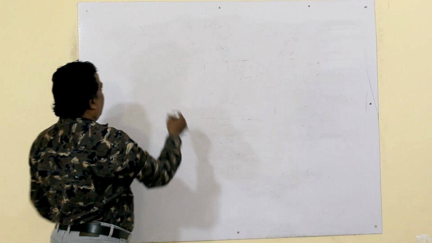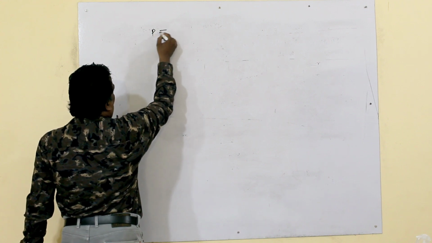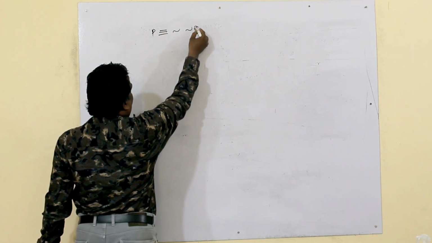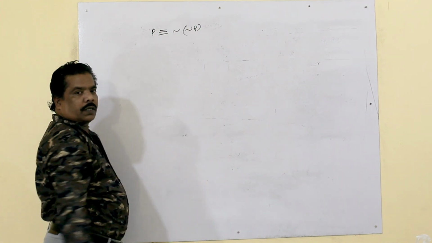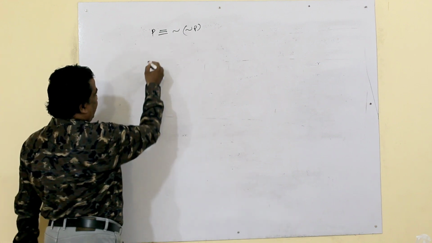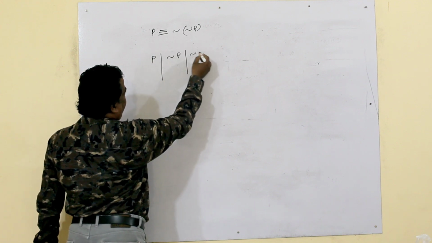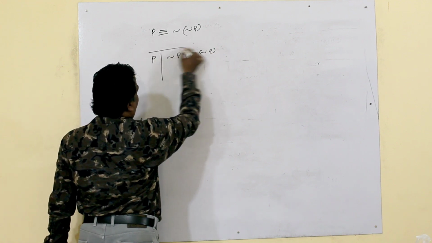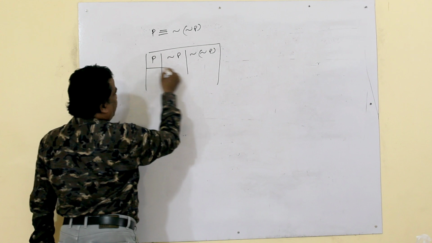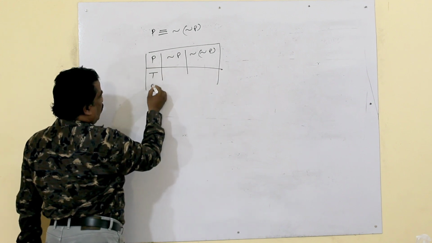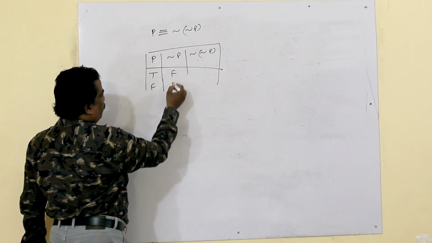prove that P is equivalent to negation of negation P. Here we take only one statement P, then negation of P, negation of negation P. A statement has two values, true or false. Negation is false, true.